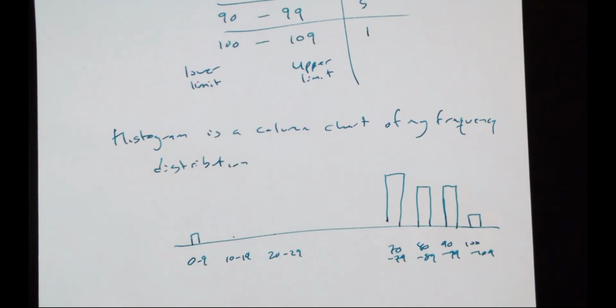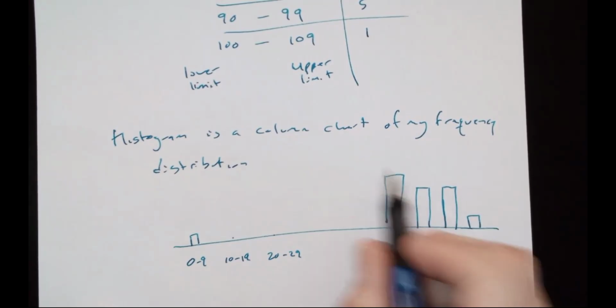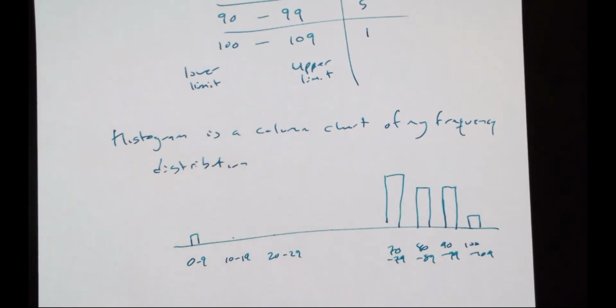When I think about average and standard deviation, I want you to picture things that look like this. Either a column chart or a curve that goes through the tops of these columns. So I could add to this picture some sort of curve that approximates the tops of all of these columns.